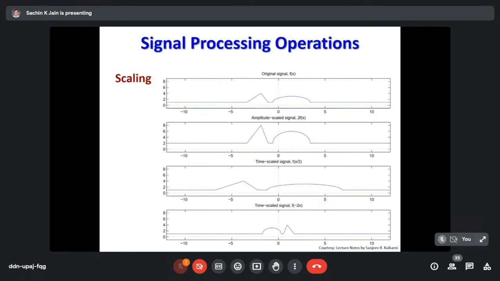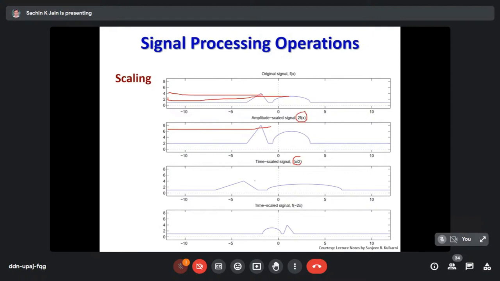If you see its time scaled version with x by 2, you notice the scales have changed; its value, which was only 2 or maximum 4, has exceeded up to this. Now it appears like amplitude scaling because it is twice this value.